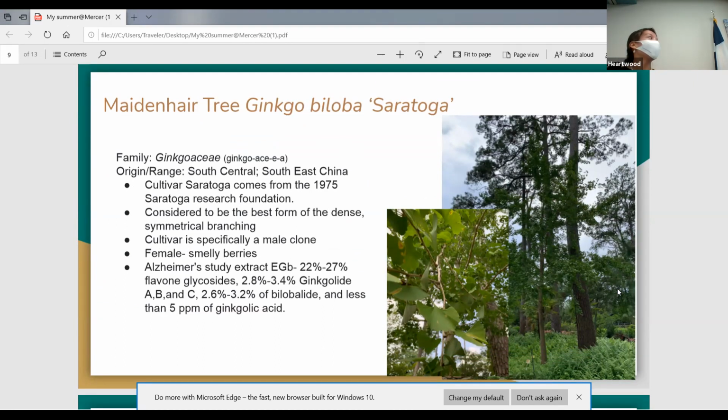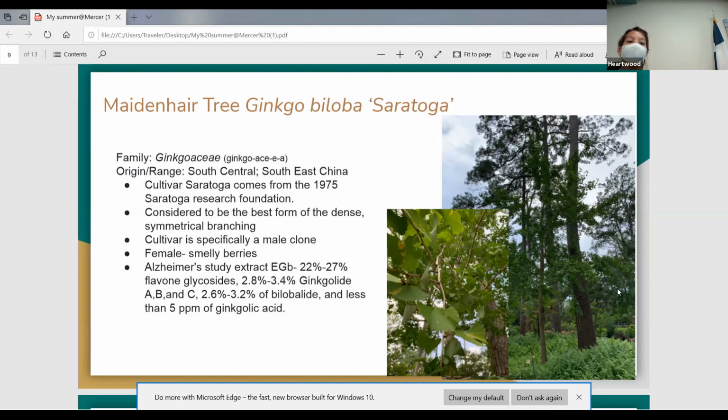In the research study that I chose for this one, which is pretty exciting for me, they studied its extract, which will be referred to as EGB, and its contents are listed below. Its extract exhibited increased cognitive function in patients with mild to moderate dementia of the Alzheimer's type.